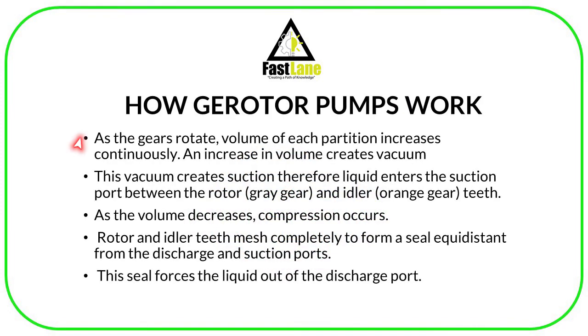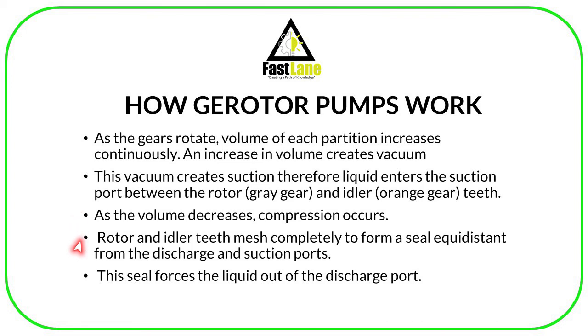During rotation, the volume of each partition increases continuously and fills with fluid, but then the volume decreases. An increase in volume creates vacuum. This vacuum creates suction. Therefore, fluid enters the pump. As the volume decreases, compression occurs.